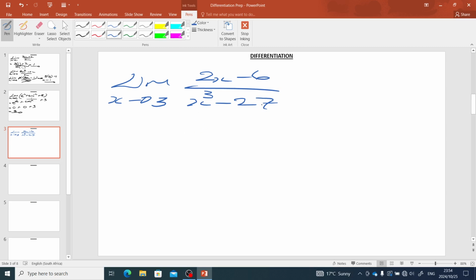For us to be able to solve this one, on the numerator we'll take out the common factor, which would be 2. Then it will be 2 times x minus 3, divided by, at the bottom, the difference of cubes. Since we have the difference of cubes, we need to simplify it.